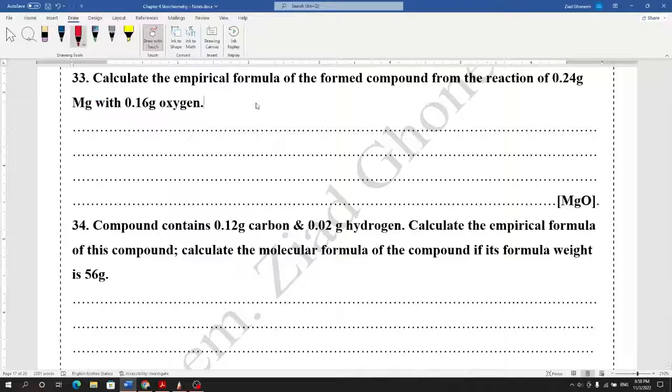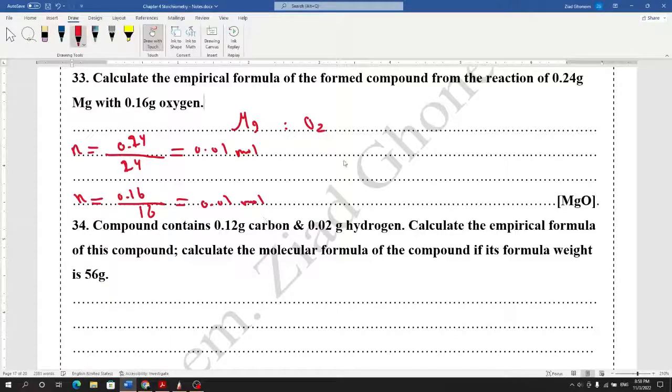Question number 33. Calculate the empirical formula of the compound formed from the reaction of 0.24 grams of magnesium with 0.16 grams of oxygen. So we have magnesium and oxygen. We're going to calculate the number of moles for magnesium, which is the mass divided by the relative atomic mass of magnesium, which is 0.01 mole. The same thing for oxygen. 0.16 divided by 16 should be equal to 0.01 mole.